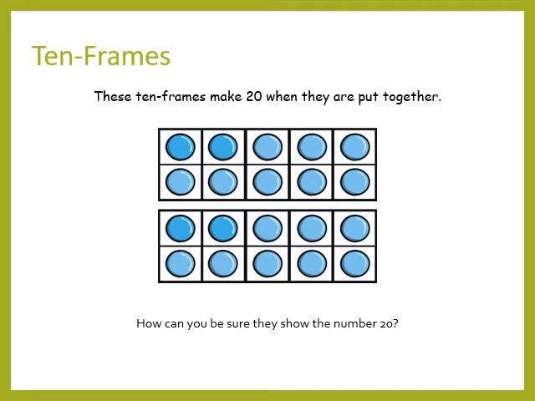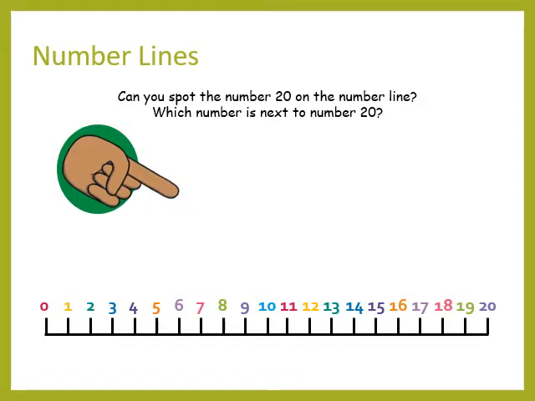Another way of finding out 20 is, can you spot the number 20 on the number line? You see this number line which begins with 0 and ends in 20. So which number is next to number 20? Put your finger on number 20 and which number is next to it? You think and tell me.